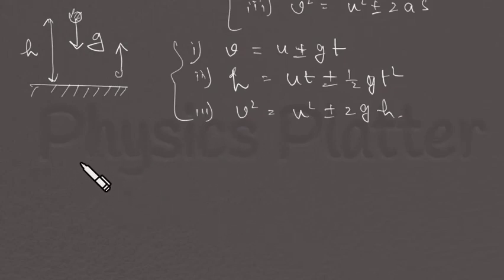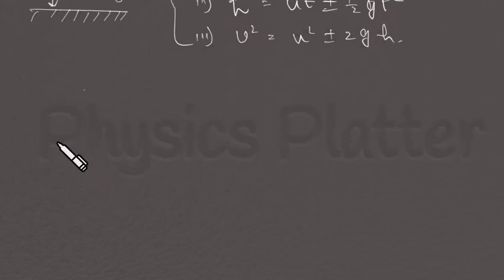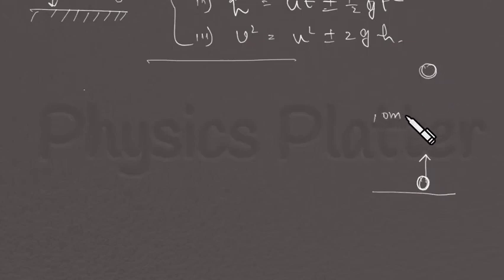Let's consider a problem where an object is thrown upward with some velocity and it reaches a height of 10 meters. All right, and then of course it comes to rest and then comes back.